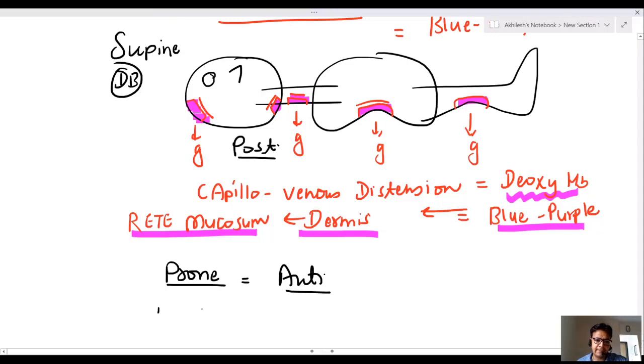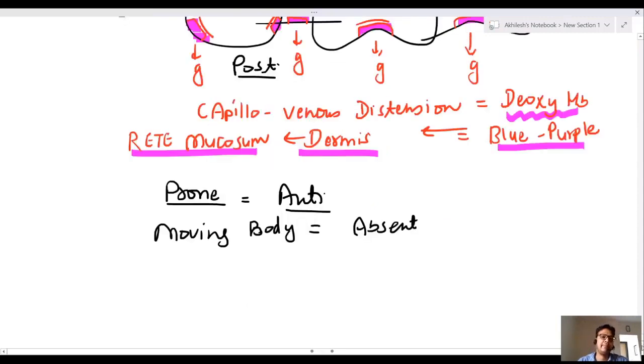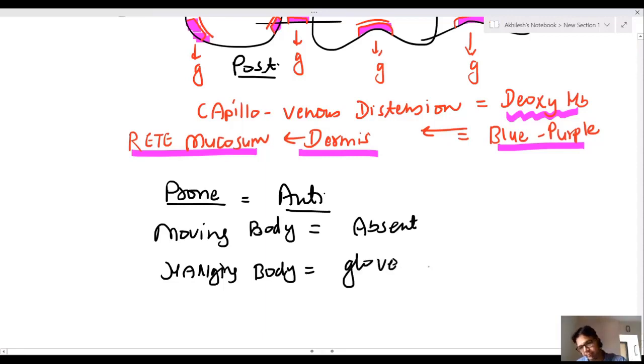In a moving body, postmortem staining is absent because postmortem staining only develops when the body is stable. In a hanging body, it is common in glove and stocking pattern. What is glove and stocking pattern?